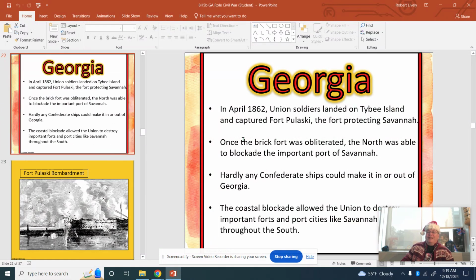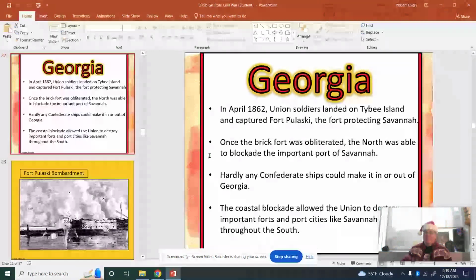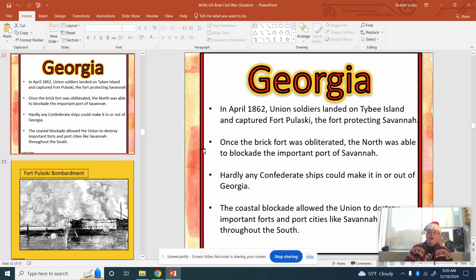In April of 1862, Union soldiers landed on Tybee Island and captured Fort Pulaski, the fort that was protecting Savannah. The brick fort was obliterated, which means literally it was destroyed and kind of blown to pieces. The fort is actually still there. You can go visit as you head onto Tybee Island, and you can still see where they shot it with cannons for about 36 hours straight.